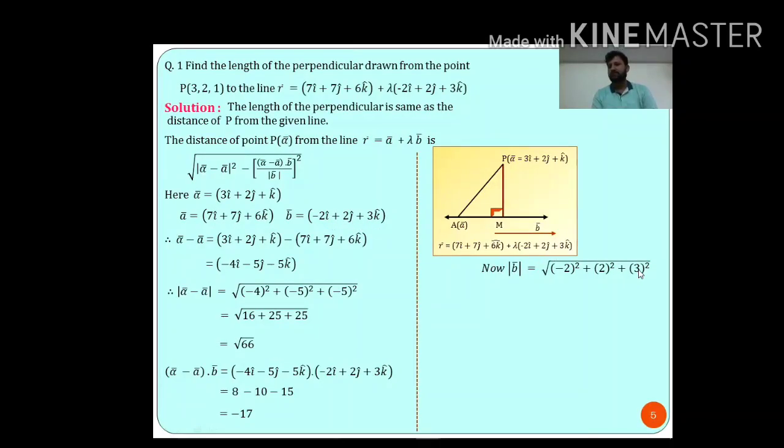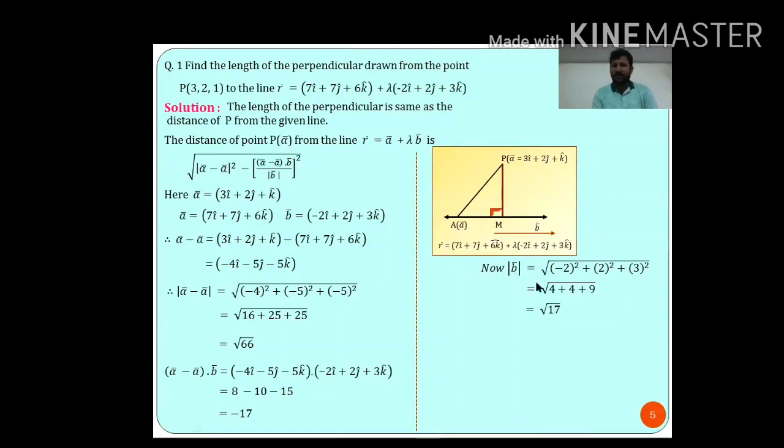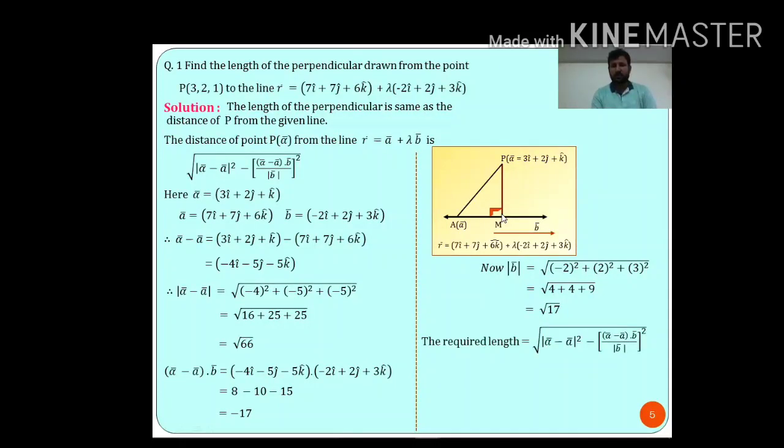Now, minus 2 square is 4, plus 4 and plus 9. Then the total is 17. Root of 17 is the magnitude of B bar. All values are calculated. Substitute in the perpendicular distance formula, that is the required length of PM.